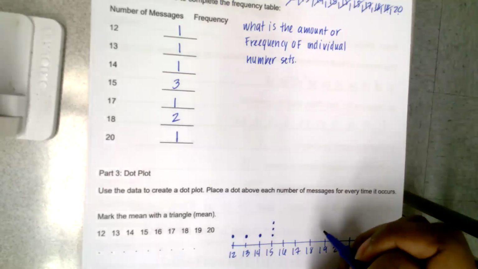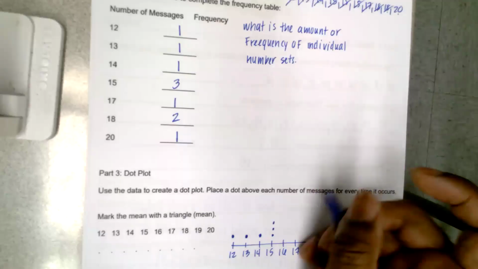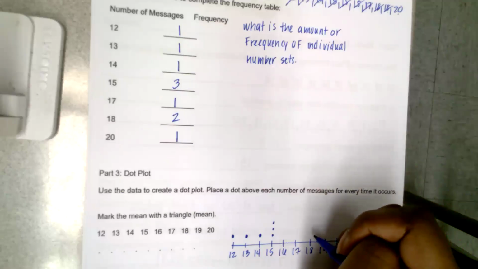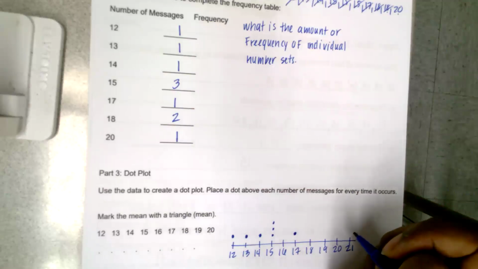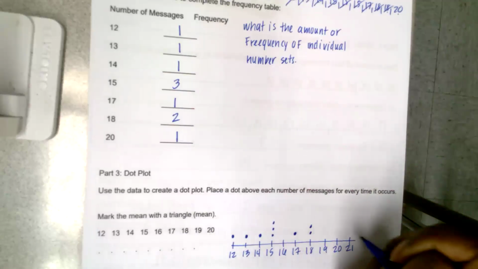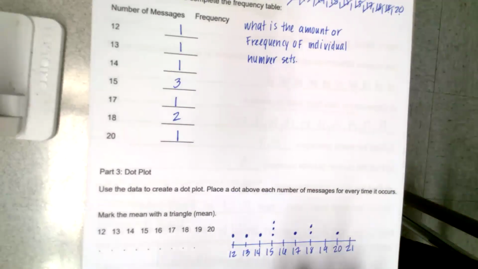You know it is no 16s, so you don't put a dot. You know it is 1 17. You know it is 2 18s. It's no 19s, and it's 1 20. So this is your dot plot.